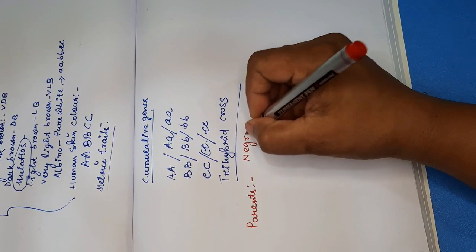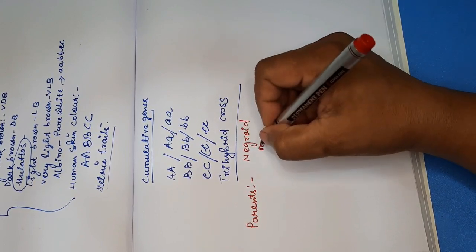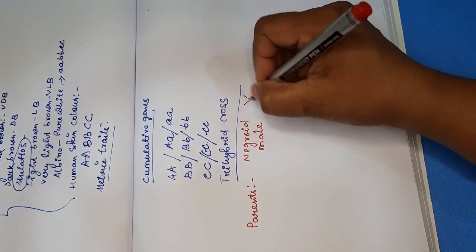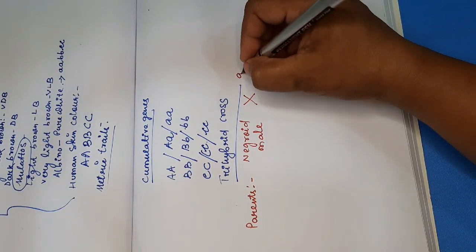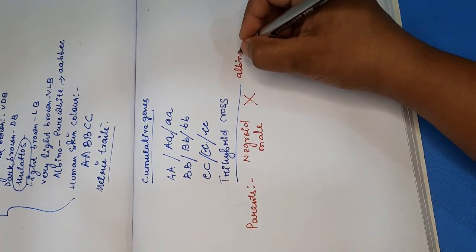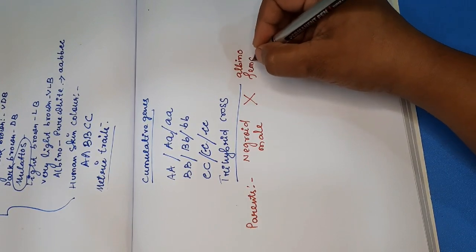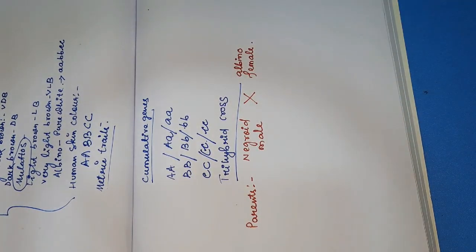Suppose a negroid male is crossed with, which is represented by this multiplication sign, an albino female. So till now I have told you that a negroid male has married a female who is on the other extreme of the phenotype, that she is albino.